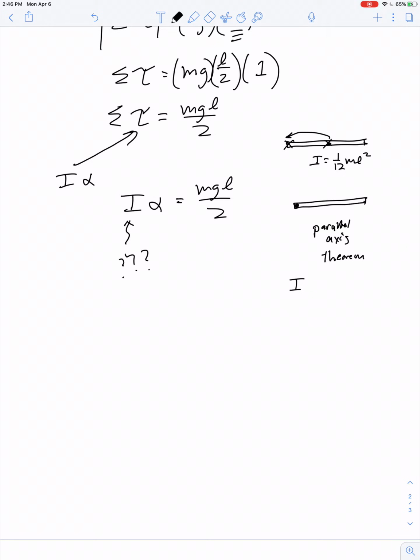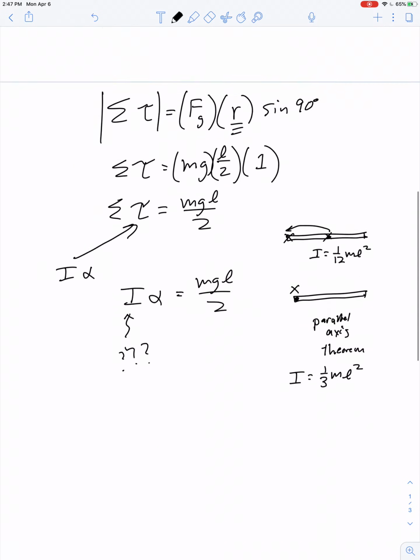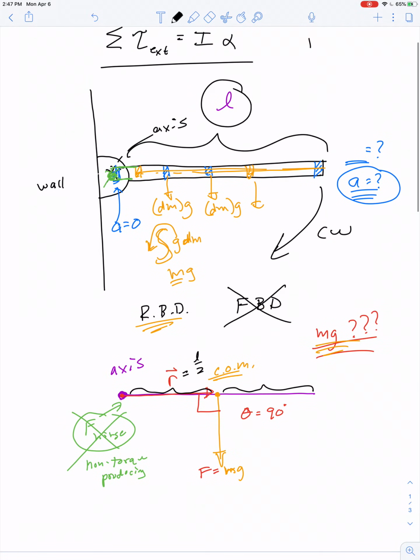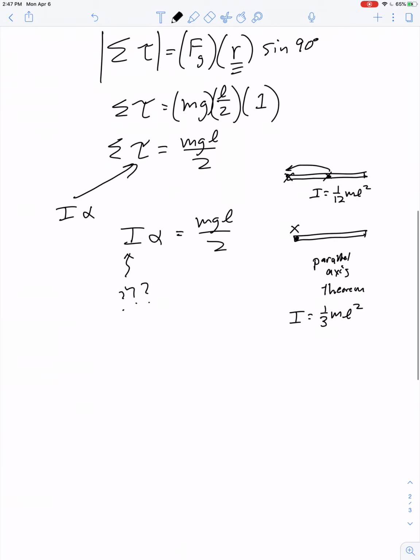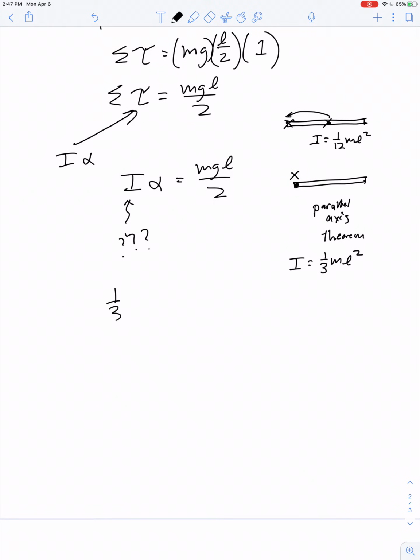Some of you know then that I is increased and becomes 1/3 mL squared when the axis of rotation is shifted to the endpoint. So that's the substitution we make, right? This is definitely a beam that's rotating about an axis through its end. 1/3 mL squared times alpha is equal to mgL divided by 2.